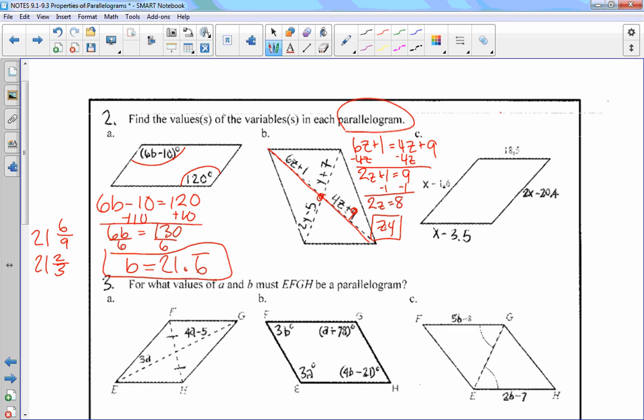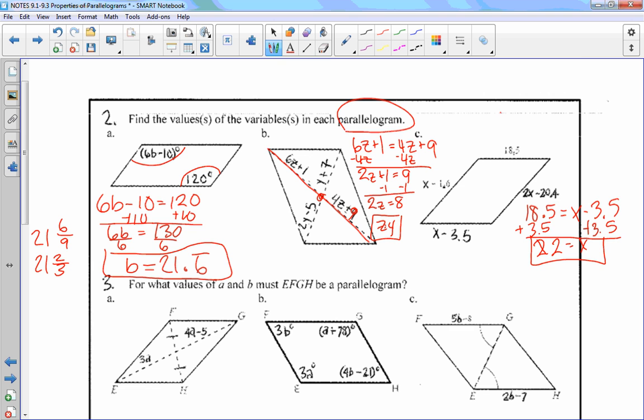We have two sets; you could do it either way, but this one looks like less work. If you set top and bottom equal to each other, that's less work than right and left, which have binomials on both sides. So if you add 3.5, what do we get for x? 22.